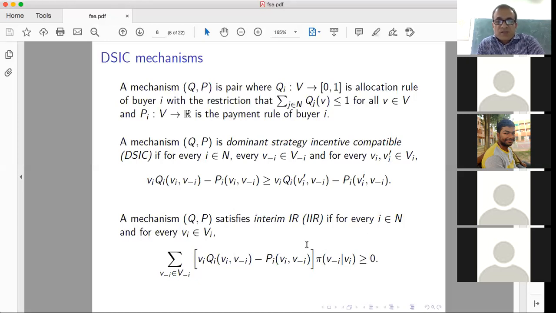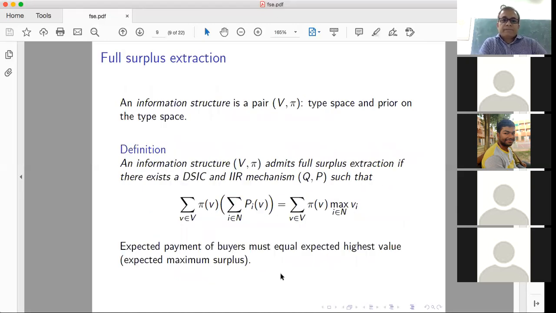Okay, so ex post IR would have just meant that this bracketed term is greater than or equal to 0 for every vi and every v minus i. But we are not requiring that. So in the paper, they call V and pi an information structure.